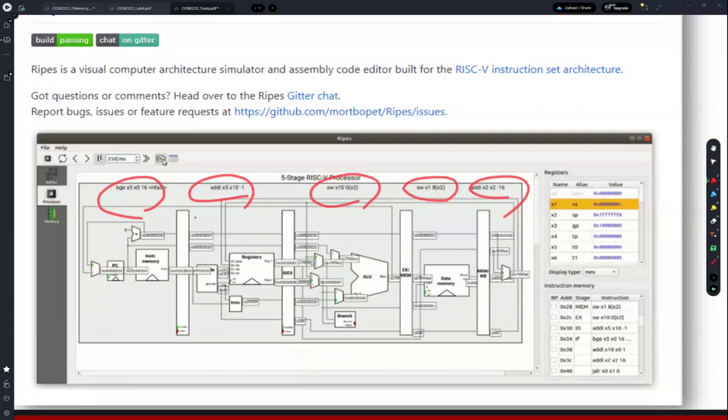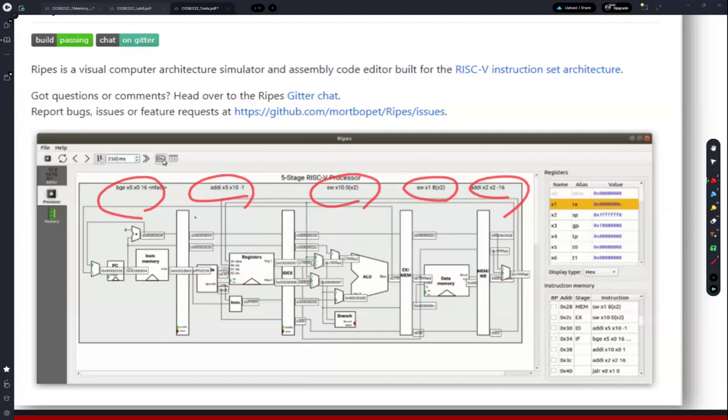I also know the bugs of the RIPES simulator. In the lab 6 assignment, you are requested to design the pipeline architecture, and then you can verify your design using RIPES.